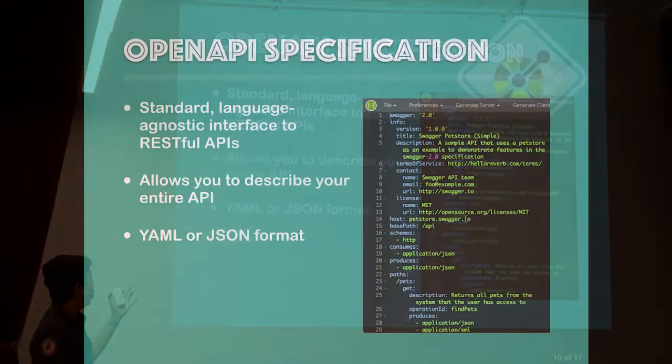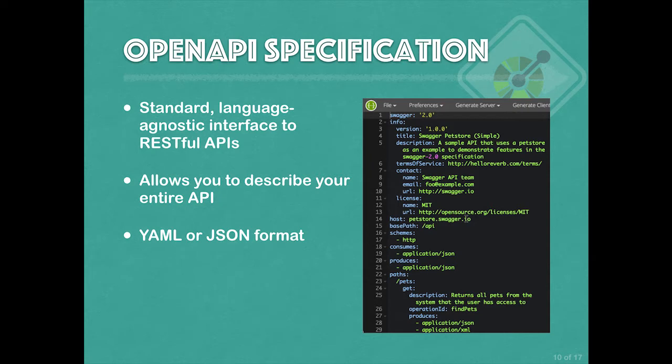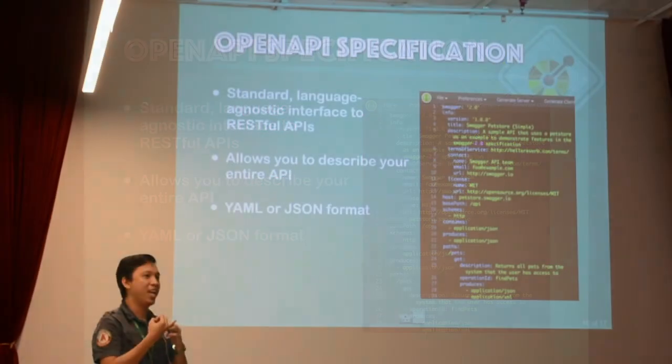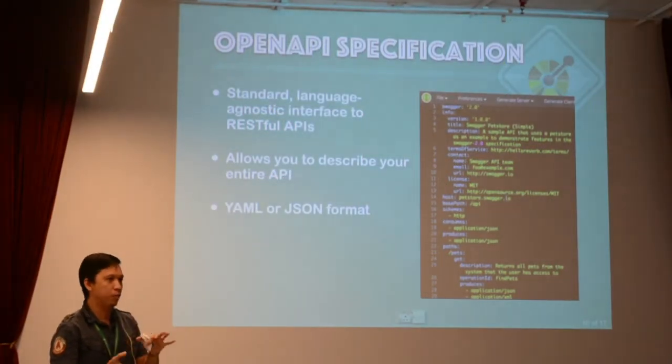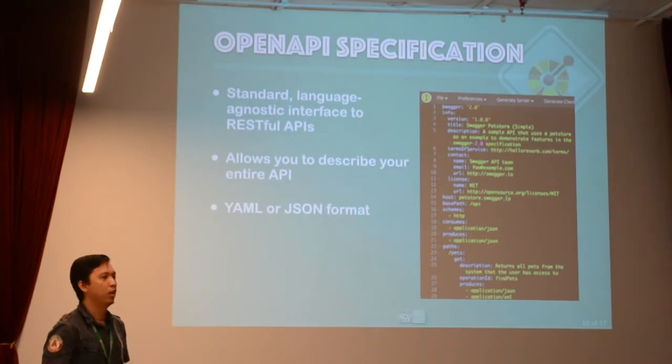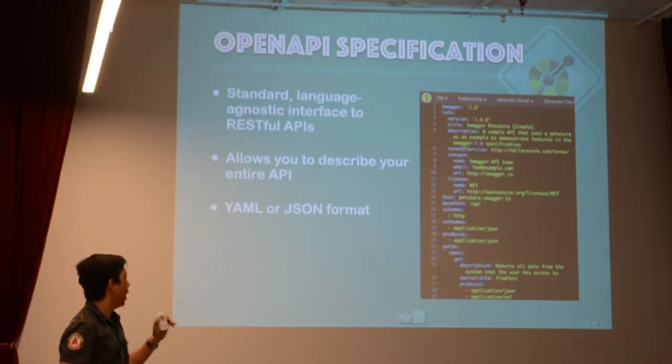So what is OpenAPI Specification? You have an example here. It's in a YAML format. And it's actually a standard language agnostic interface to RESTful APIs. It allows you to describe your entire API, including available endpoints and the HTTP methods in each endpoint, such as post, get, put, everything.